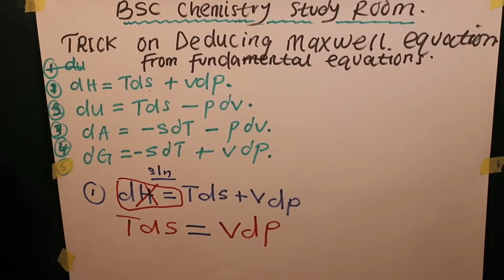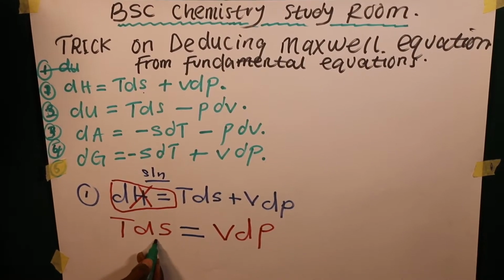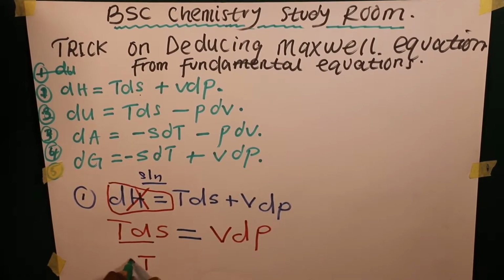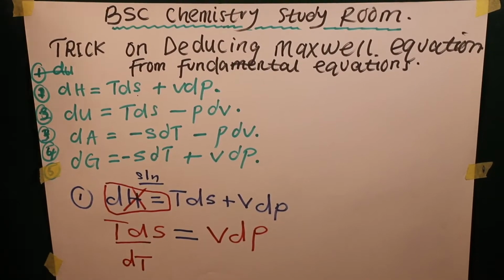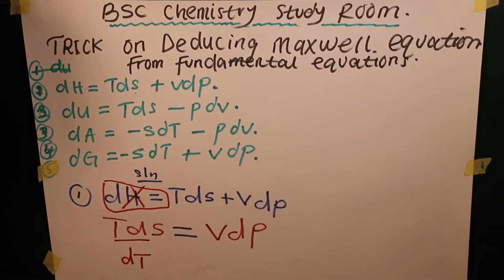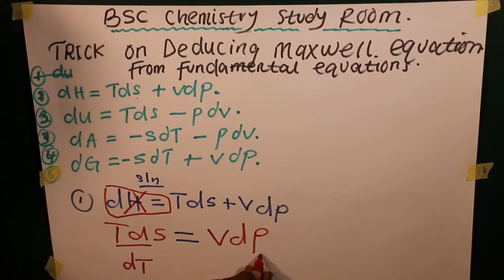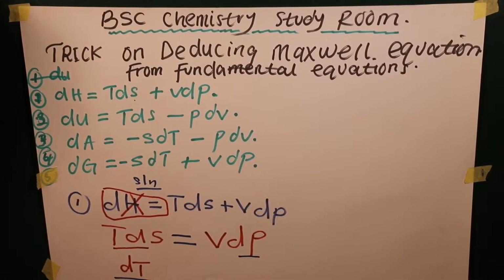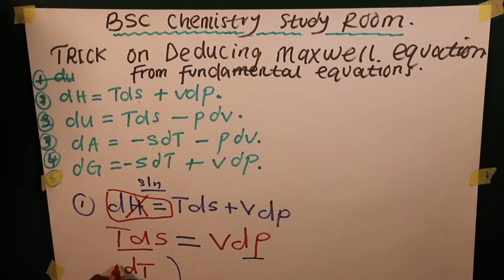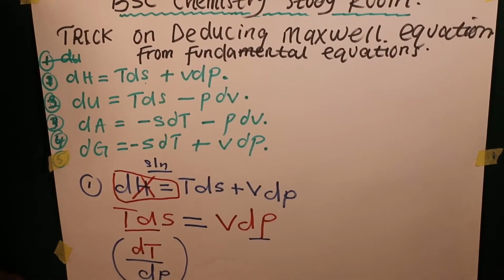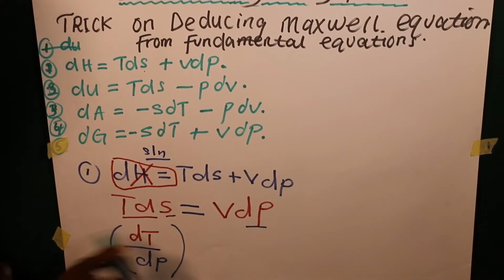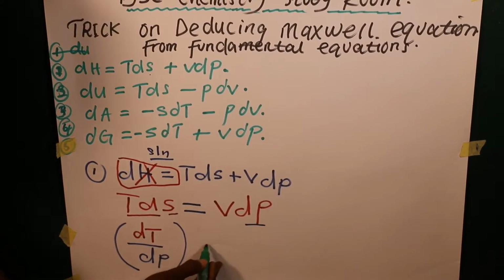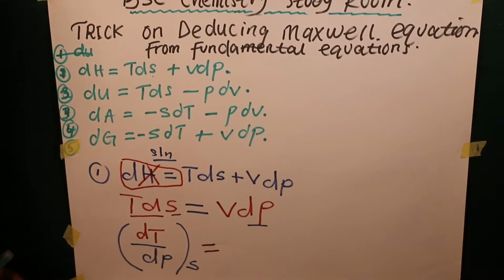So now the second step here is take the first two variables in the first part of the equation, that is dT. So now we are going to divide this dT by the second two variables in the second part of the equation, that is the dP. dT all over dP, close the bracket, with respect to S. So we put back the equality sign.